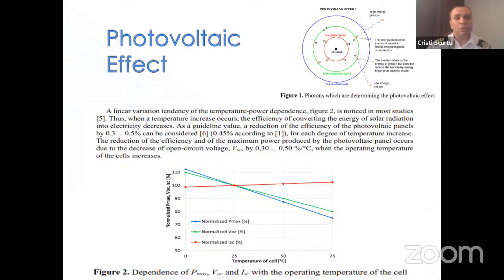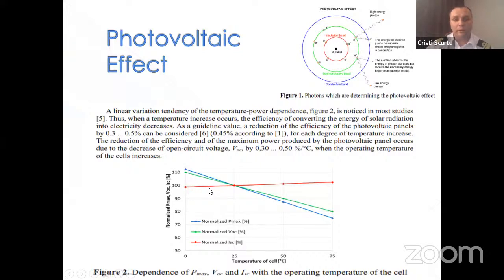So let's see in the figure below the dependence between power, voltage, and current in the operation of the cell. We have temperature from 0 to 75 degrees, and some values normalized according to our variations. We have the current in red.